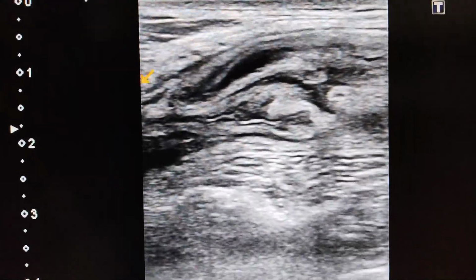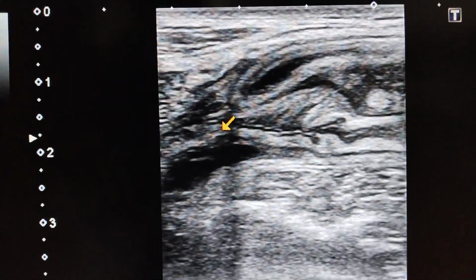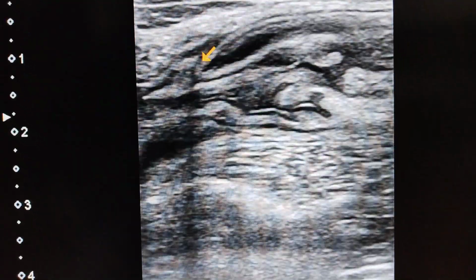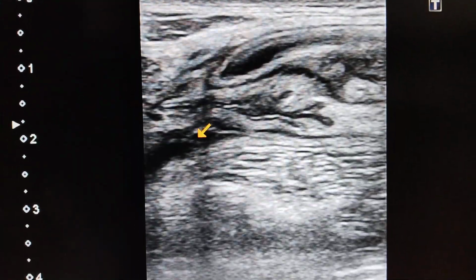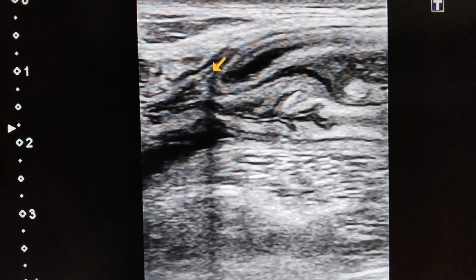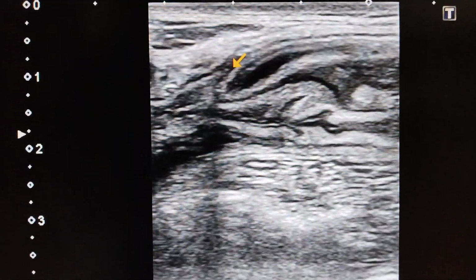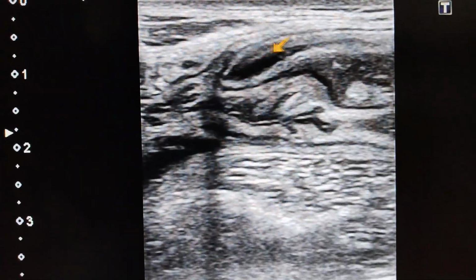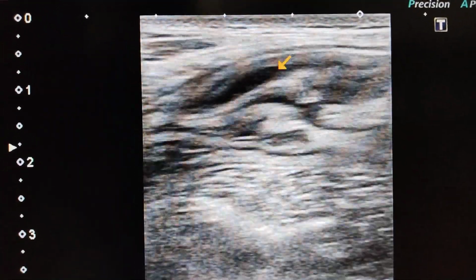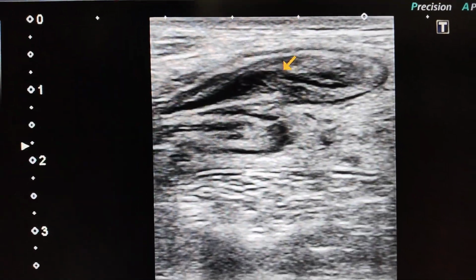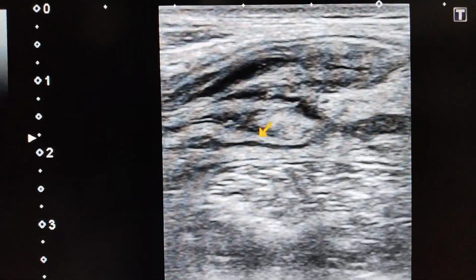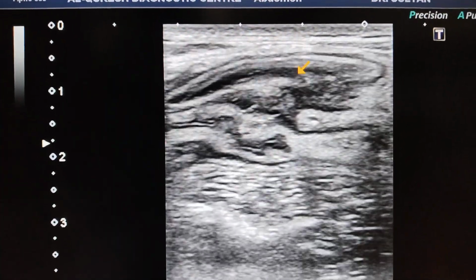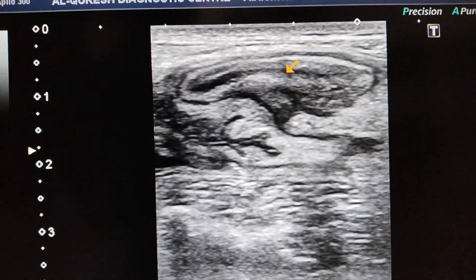We can clearly see this is the base of appendix originating from the cecum at its posteromedial aspect, and above, anteromedial, superior to and anterior to the base of appendix, this terminal ileum is originating. This is compressed when we apply the probe pressure, and this is not compressed, and this is more deeply situated than this distal ileum.